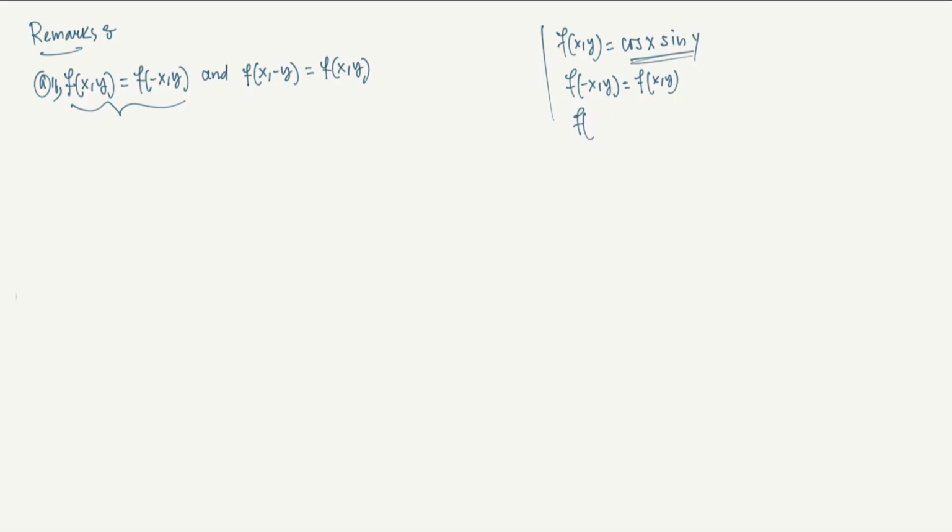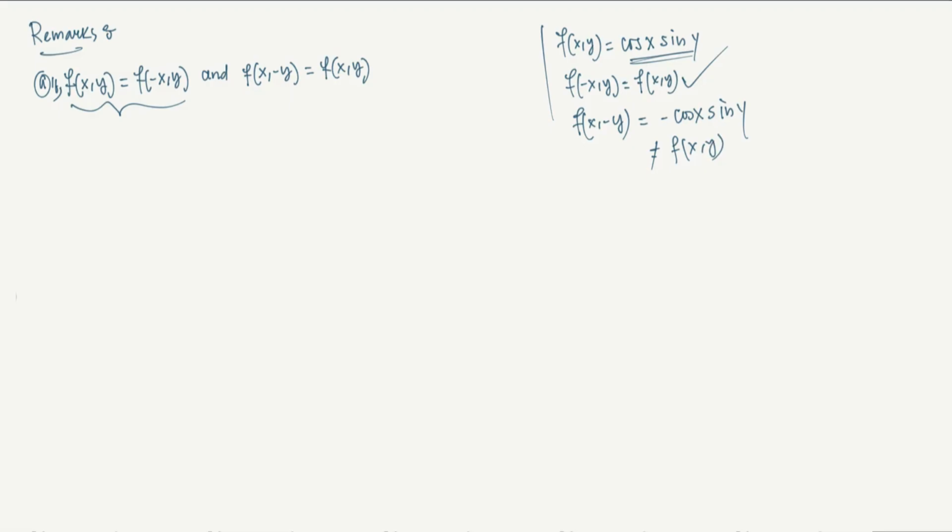This example satisfies the first condition. Now if I put f of x, minus y, let's see what happens. This is minus cosine x sine y, which is definitely not equal to f of x, y.